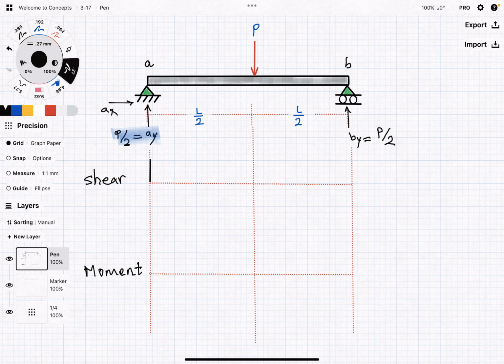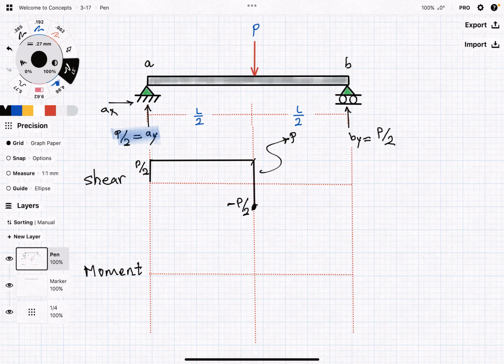It would be P divided by 2, but it remains constant until it reaches the P force that decreases the shear by value of P. So we can say that this distance is the same as P. So here the shear force would be minus P divided by 2.